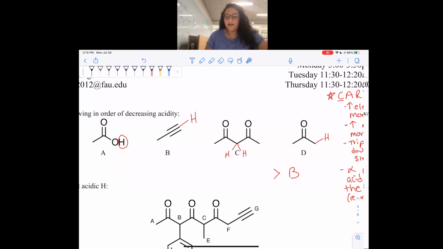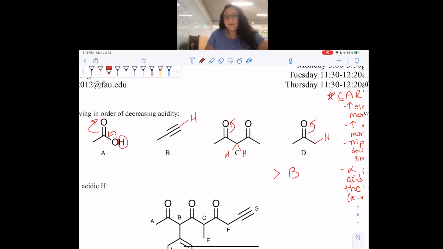And when we're talking about atom and resonance, this one is directly connected to an oxygen. And we know that that oxygen has resonance with the other oxygen. Whereas both of these carbonyl groups only will have the resonance here.